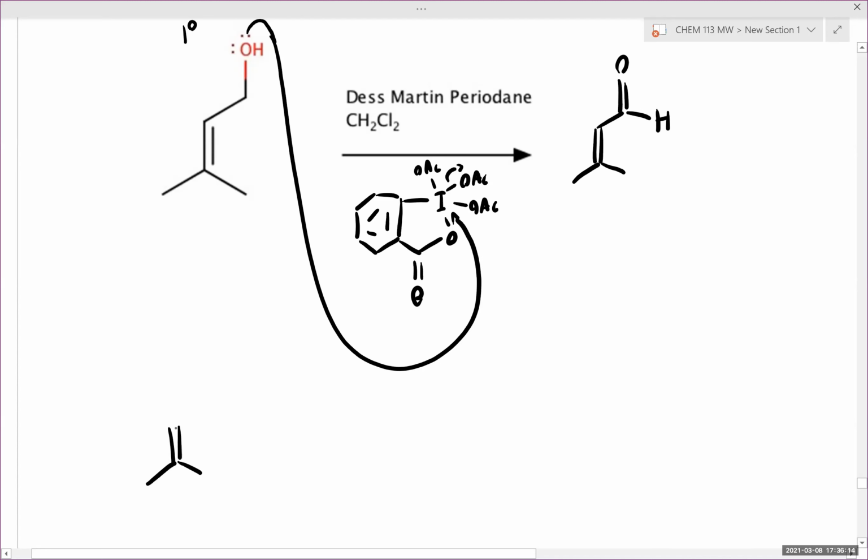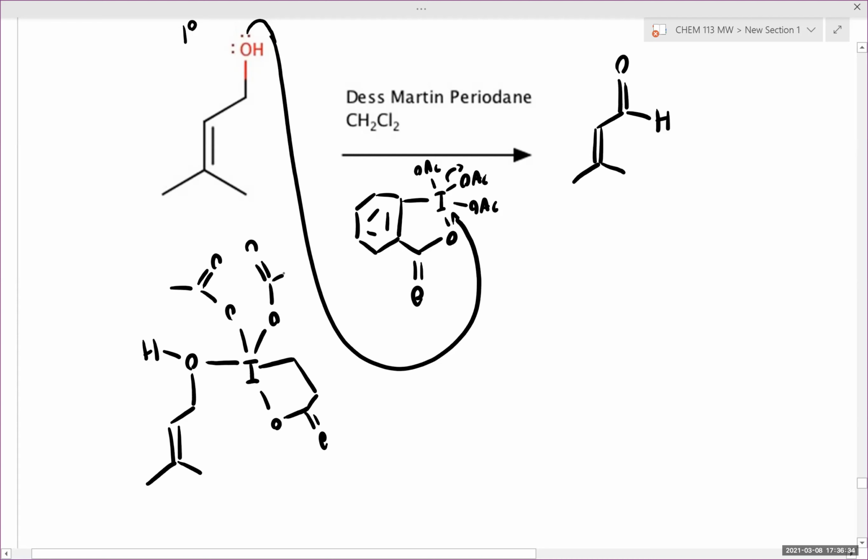Okay, and now I'm going to draw out the acetate equivalent.